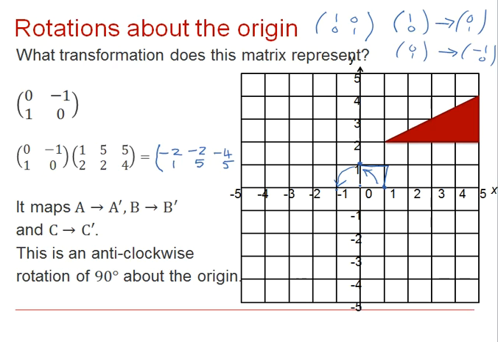If we draw this on this diagram, this gives us this point here, this point here, and this point here. So in other words, that triangle. Again, we can see that this represents an anti-clockwise rotation of 90 degrees about the origin.